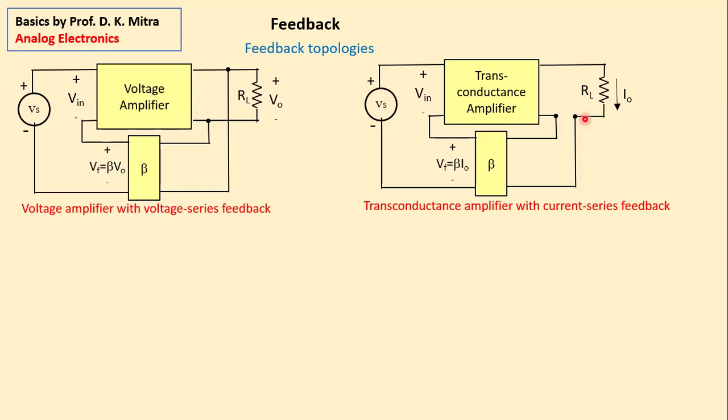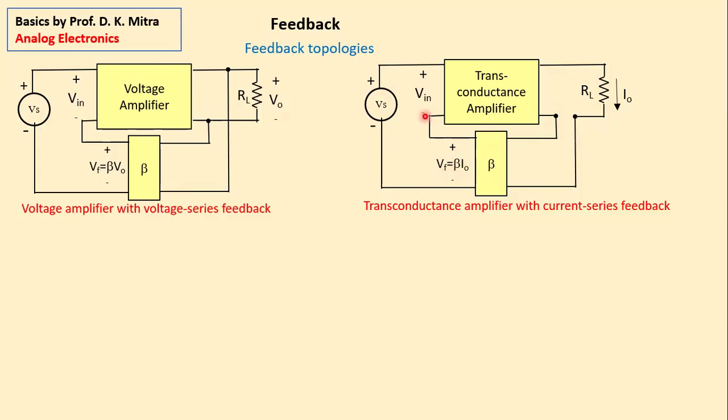At the current output, obviously you have to take it in parallel, in shunt like this, because current has to flow from inside the circuit to inside the circuit. Current tapping cannot be done this way. Current tapping has to be done this way. In that case, this current IO flows through the feedback circuit also. And the output of this feedback circuit is a voltage. And its amount is beta into IO. And it is again in series.